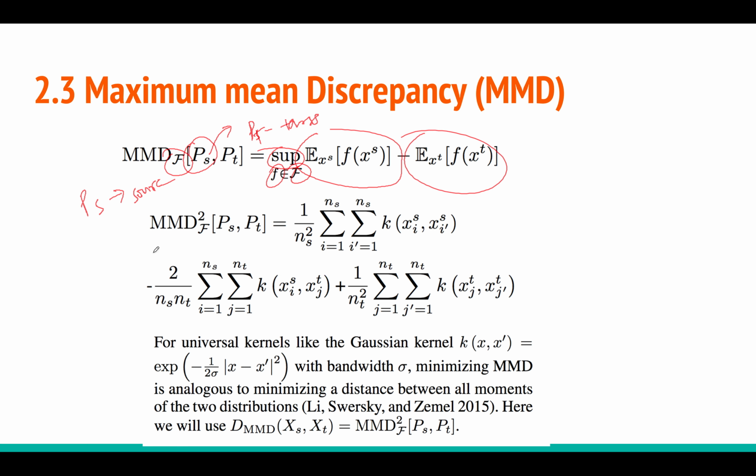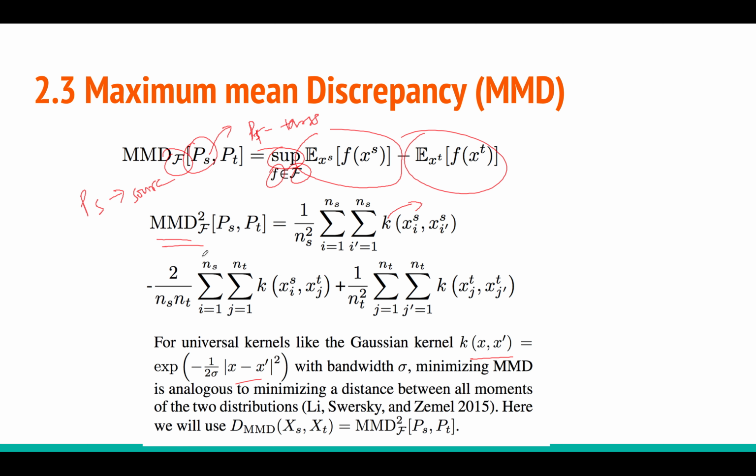If you read the Kevin Swersky paper on GMMN, the generative moment matching network, you will find this function, which assumes the kernel k is a simple Gaussian kernel, and you compute this entire function, which gives you the MMD loss.